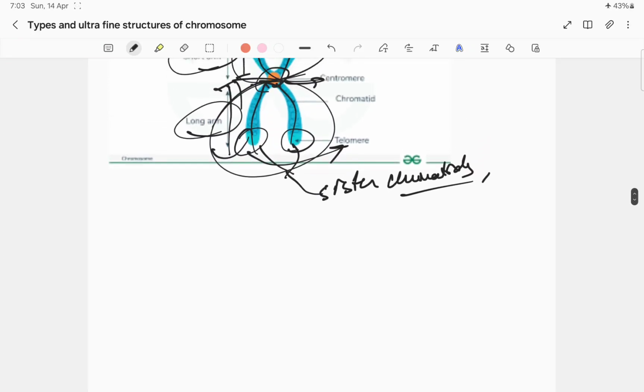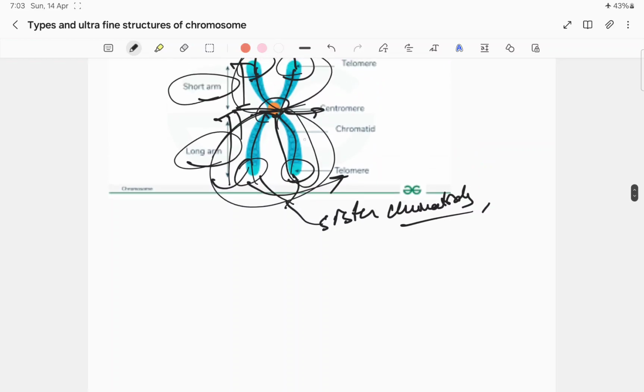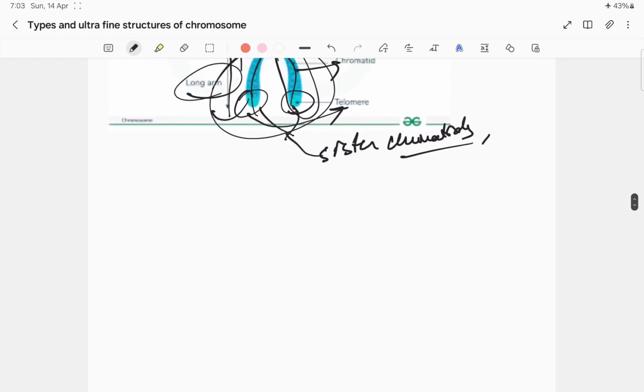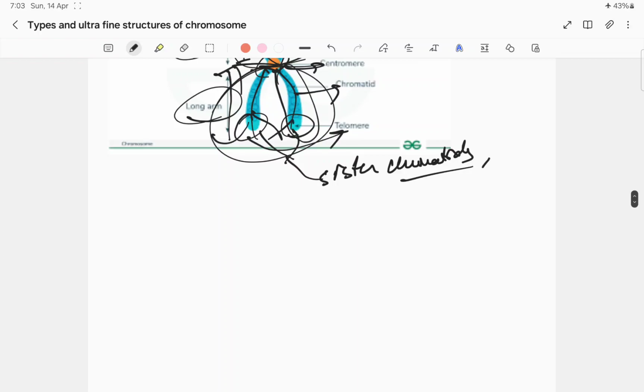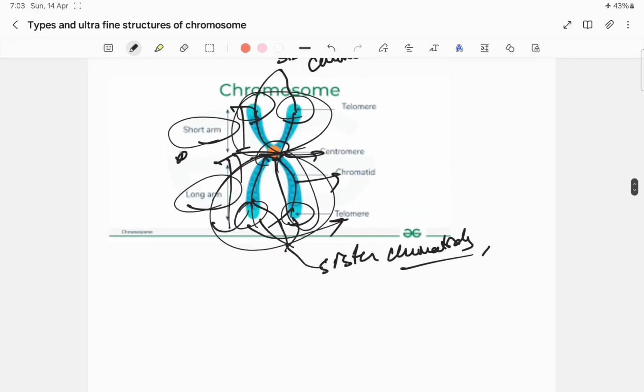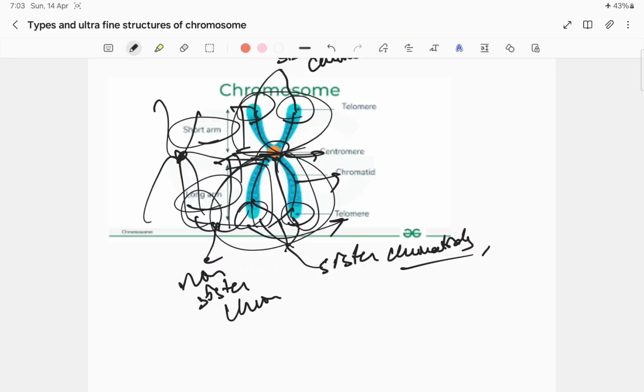This single one is called a chromatid. If any other chromosome is there, this one and this one, these both are called non-sister chromatids.